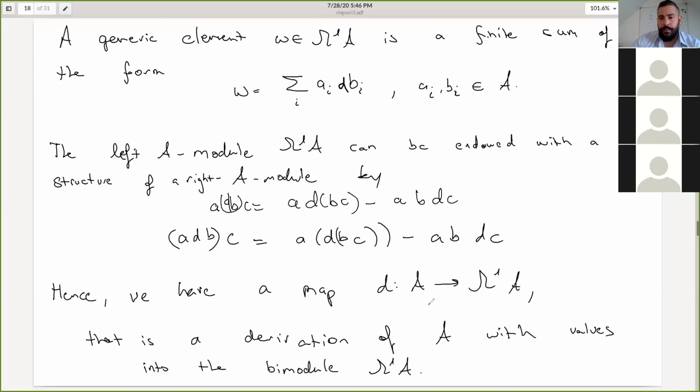So in principle, we have a map d. We constructed a map from the algebra to the algebra of one forms. And basically the one forms are those that are made out of this, right? So it is a derivation of A with values in the bimodule omega 1 of A. Why is it a bimodule? Because left and right.